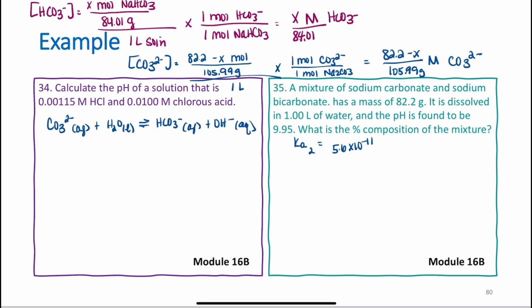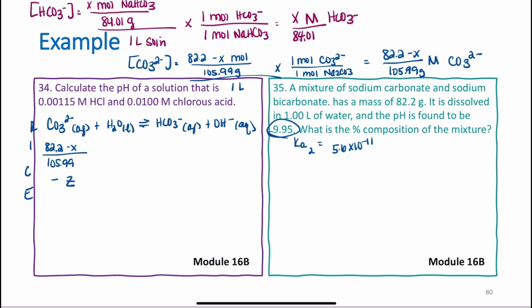How do I know it's acting as a base? My pH is basic. Solution basic. Your rice chart's a mess here, just to warn you. For carbonate, we've got that 82.2 minus X over 105.99.